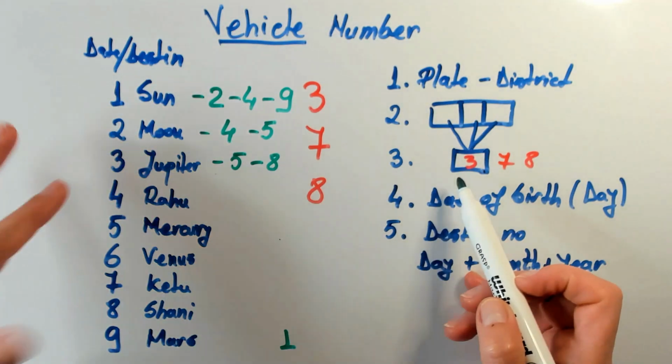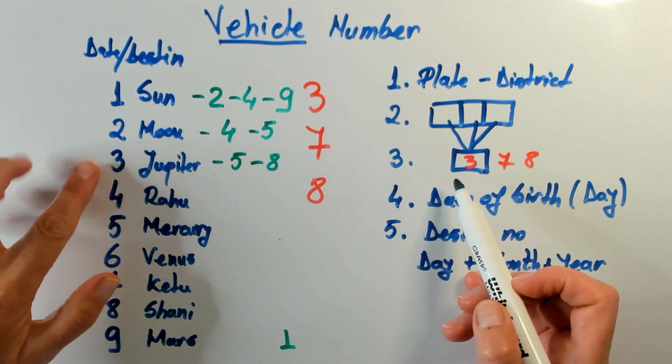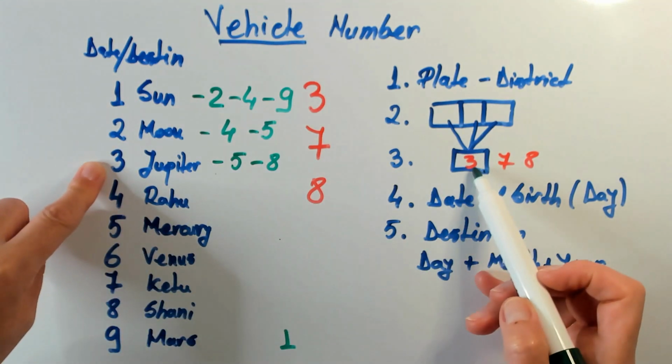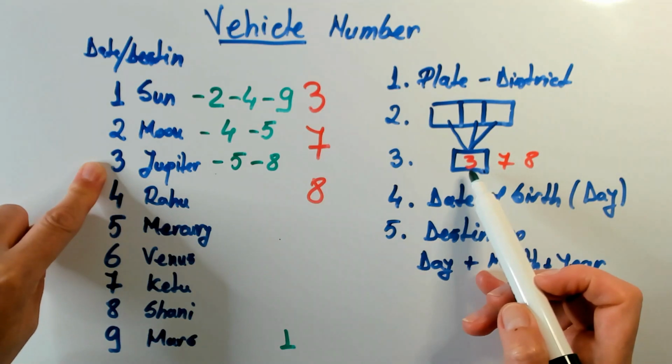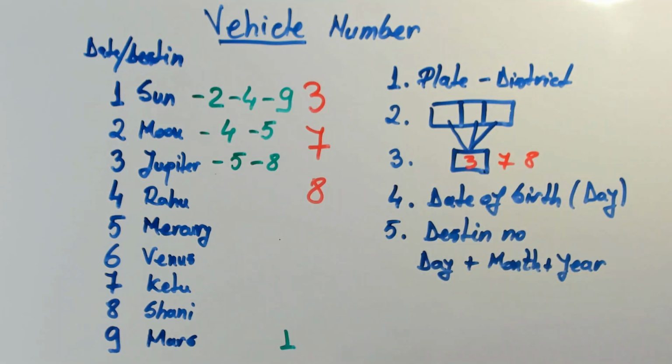So let's say your date of birth or destined number is reduced to 3. Being correlated with this 3 will mean minimum impact, not much damage, just a minor accident.